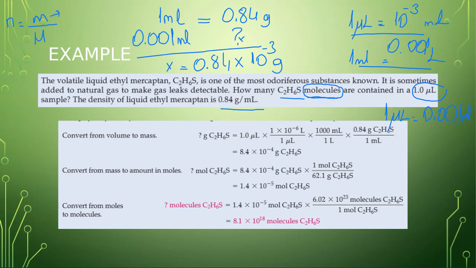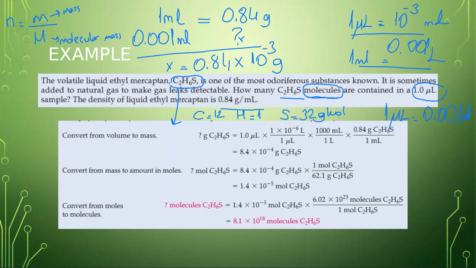This is the gram mass, and then this is the molecular mass, and you have to calculate that formula, molecular mass, and always I will give you these atomic masses. For example, carbon is 12, and hydrogen is 1, and sulfur is 32.